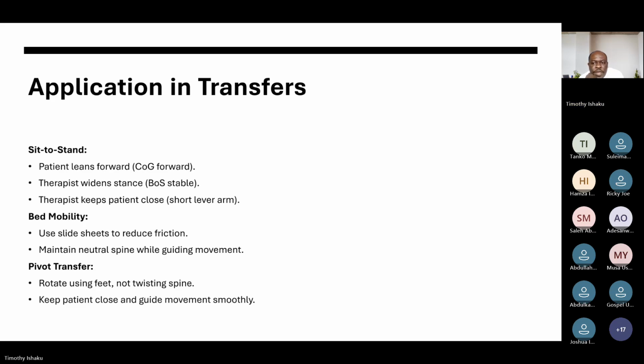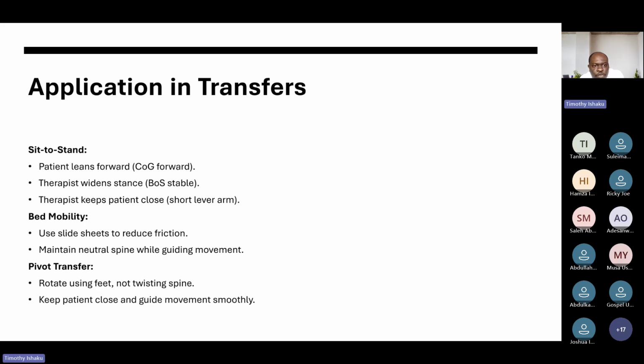In bed, where possible, when the patient is moving, try to use slide sheets. And a slide sheet doesn't have to be anything sophisticated, any slippery object on the bed to reduce friction. Sometimes your patient may not be able to move in bed on a normal sheet, but once you put a slide sheet, you will see that you don't need to pull the patient and they can swivel themselves.